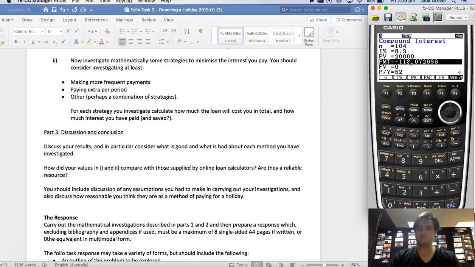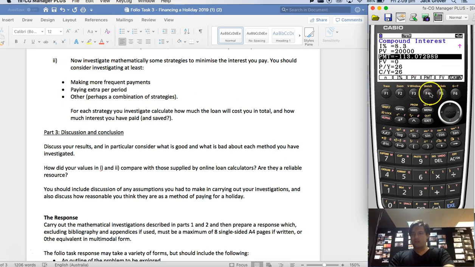Our payment, we're going to just leave that for now. We'll change this. So we're going to recalculate for our fortnightly payment, just so we've got that right, 226.3, good.